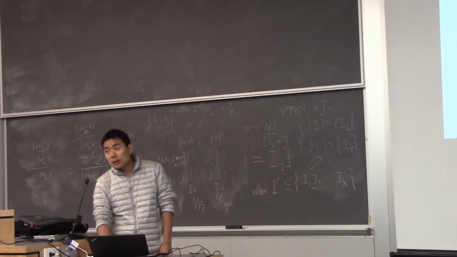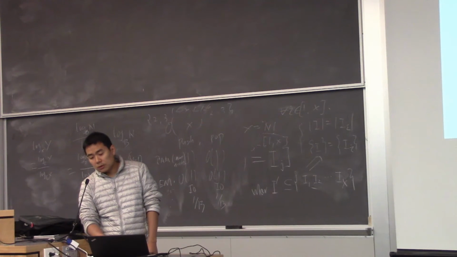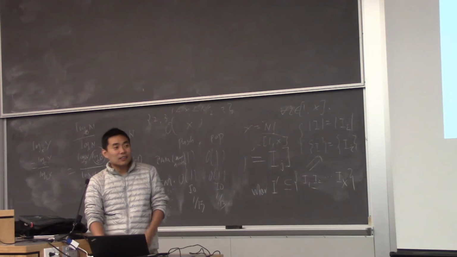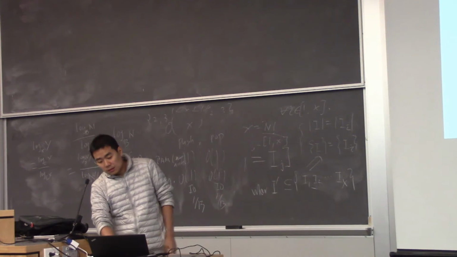That's the pop operation. You understand what's going on? Yes or no? I see some puzzled faces. Okay. You bring a page into the buffer, which is this last page over there.